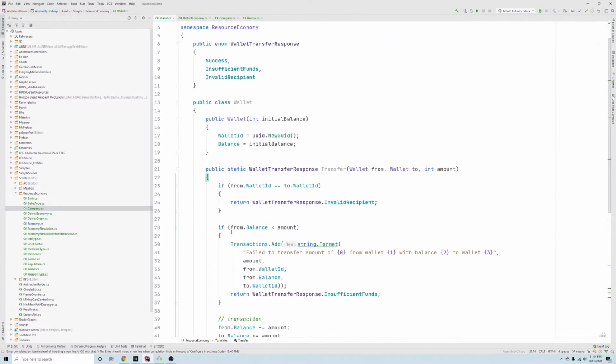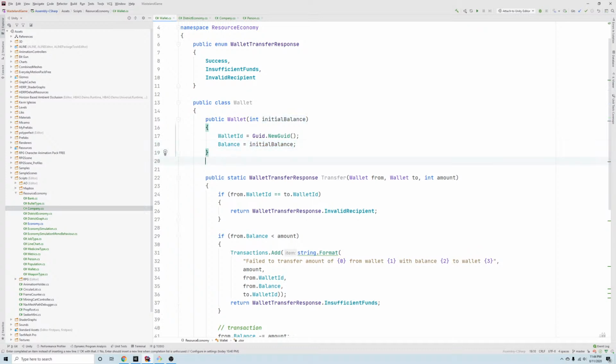I also want to be able to get the total sum of all wallets in the game balance.